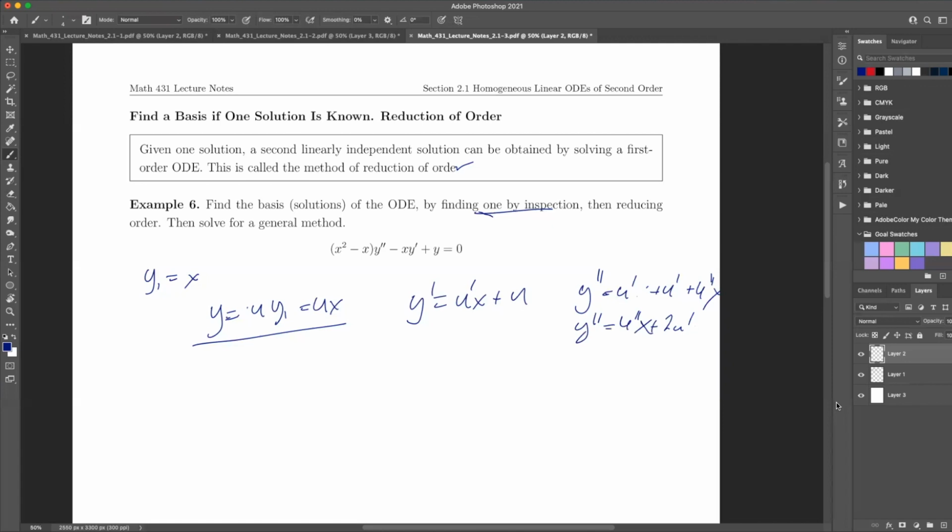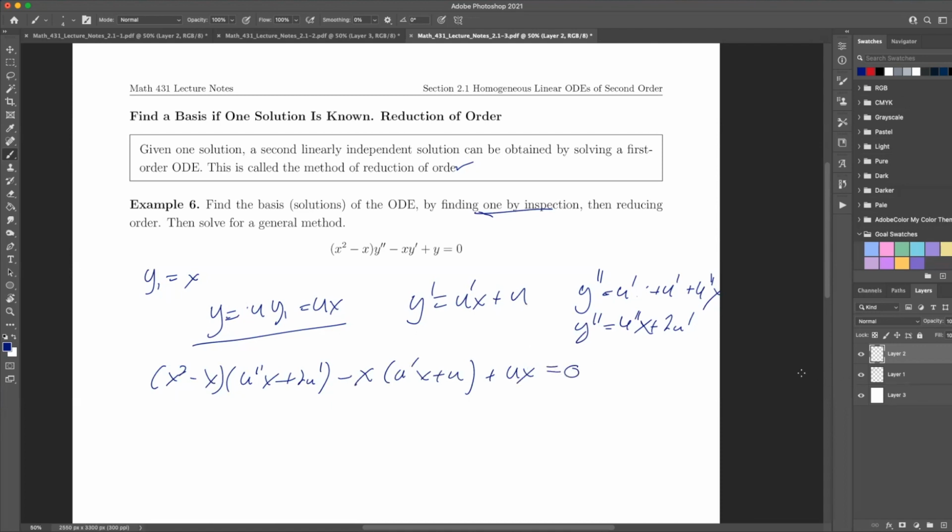And so we just plug this in. We're going to have x squared minus x times u double prime x plus 2u prime, minus x times y prime, which is u prime x plus u, plus ux, and we're setting this equal to 0.